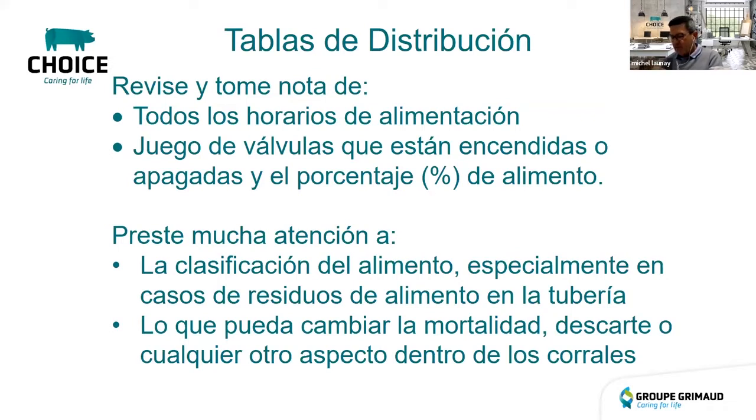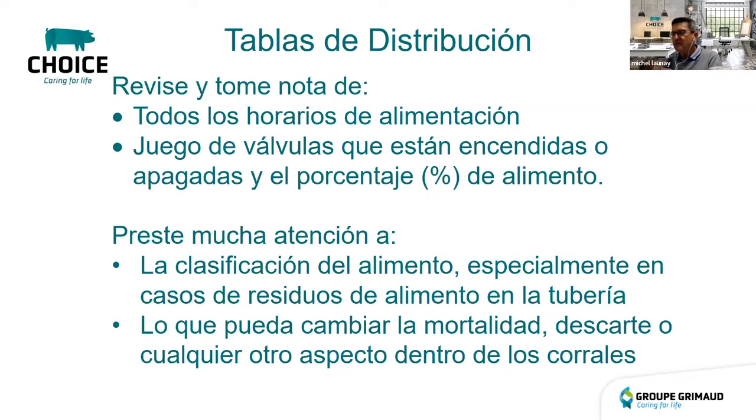It's also quite important to know how the valves are organized in all the barns. In this table of the set of valves, you modify things like mortality, the departure of animals, or anything else that can happen in the pens.